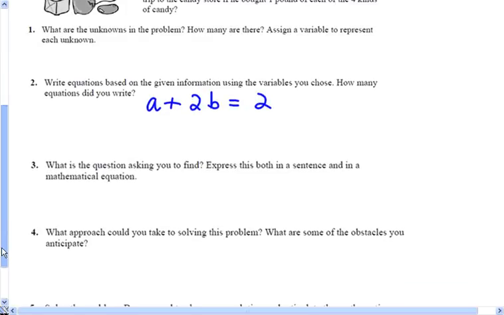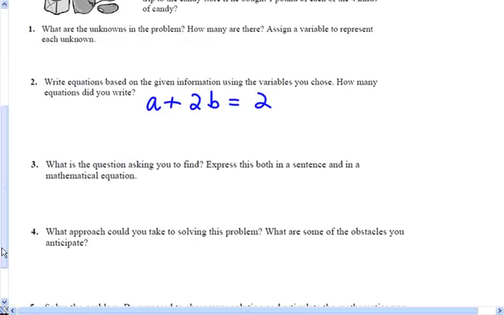Then it says, what is the question asking you? Express this both as a sentence and as a mathematical expression. We want to know how much the cost would be of 1 pound of each.